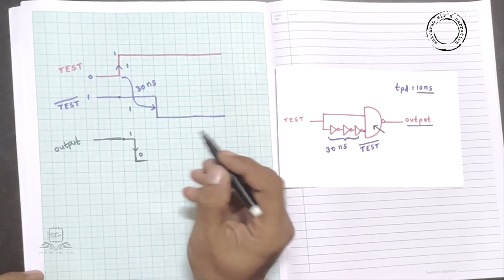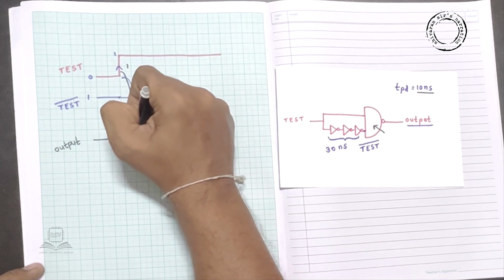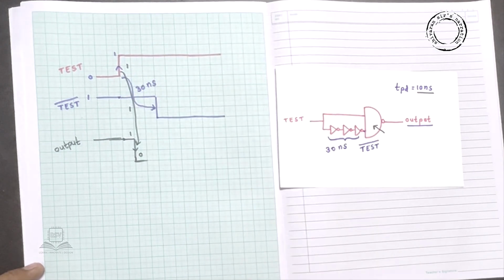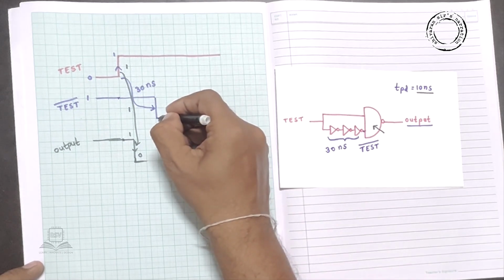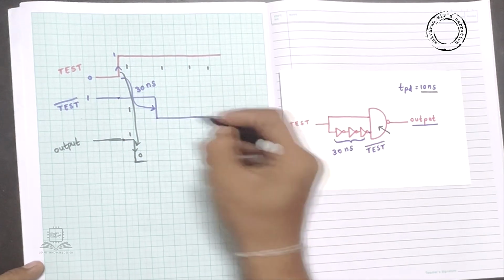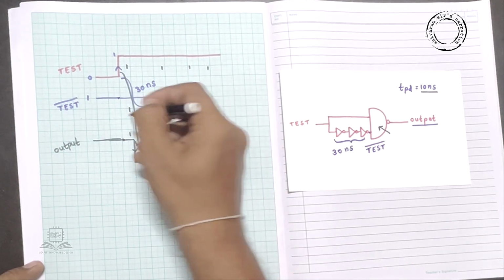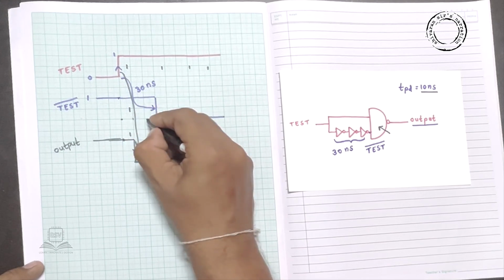Okay, fine. So what I am telling is, because of the change in the test signal, the output is changed like this. Now the test bar signal has also changed at this point. Let's assume this is 0, this will be 10, 20, 30.